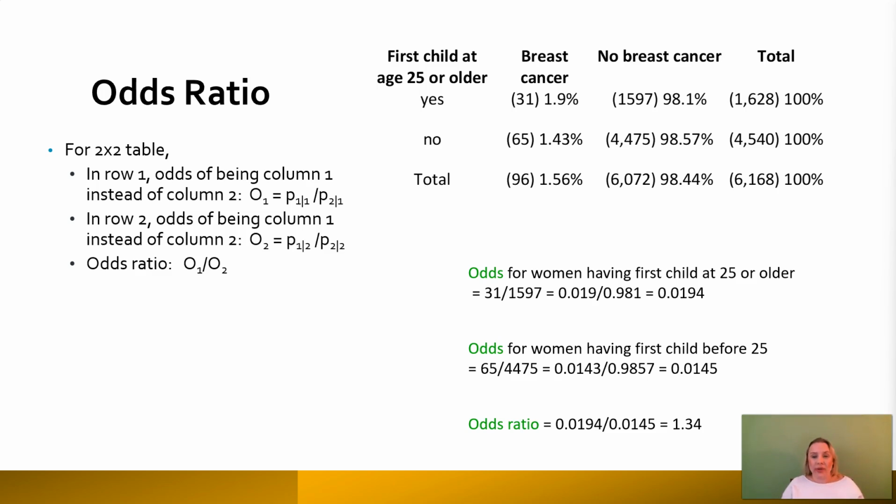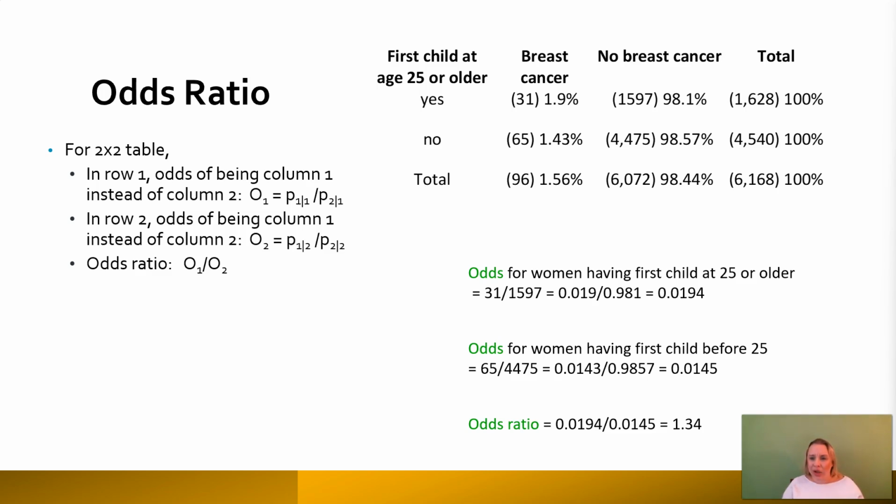This is going to give you an odds of 0.00194. So the odds for women having breast cancer who had their first child before 25 is going to be 65 for those who had breast cancer, divided by the 4,475 women who didn't have their first child at 25 or older and had no breast cancer, to give you an odds of 0.0145.